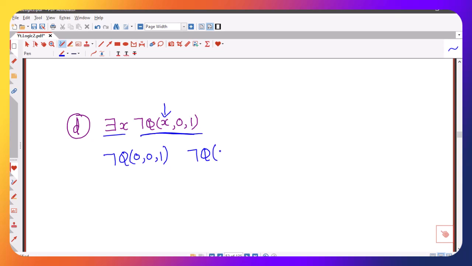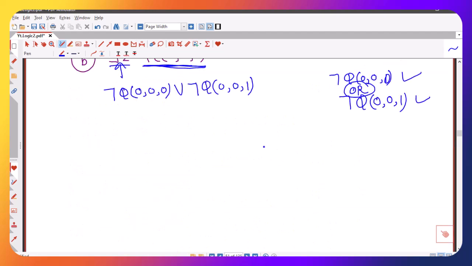For x equal to 1, I will obtain 1, 0, 1, and for x equal to 2, I will obtain 2, 0, 1. I have taken x equal to 0, 1 and 2 here, and here also it is required that this is true for at least one value of x. Therefore it is true if this is true or this is true or this is true. So here we write the OR operator.